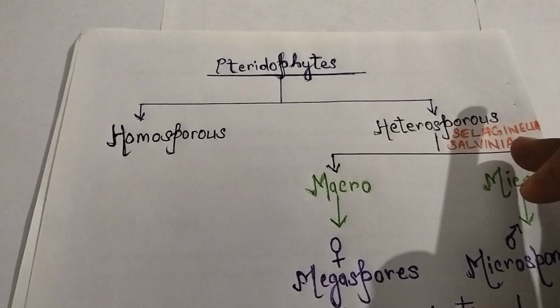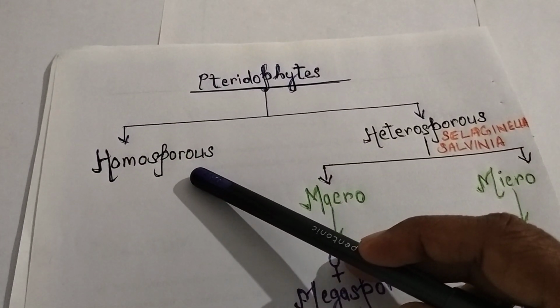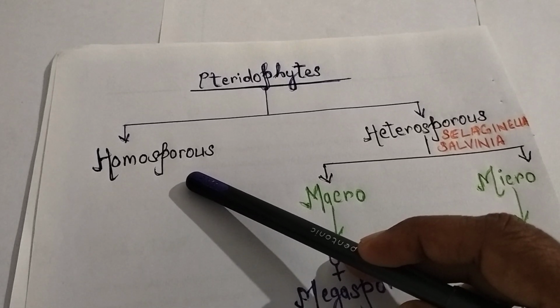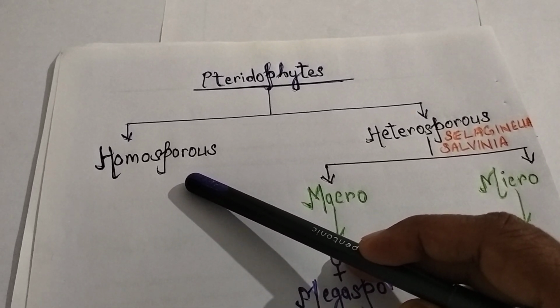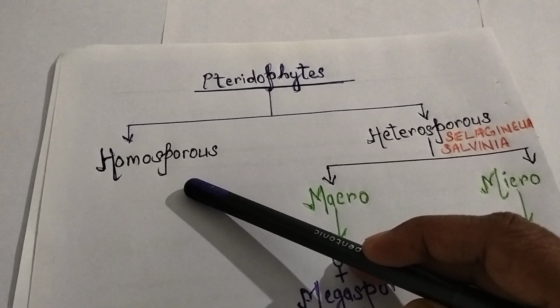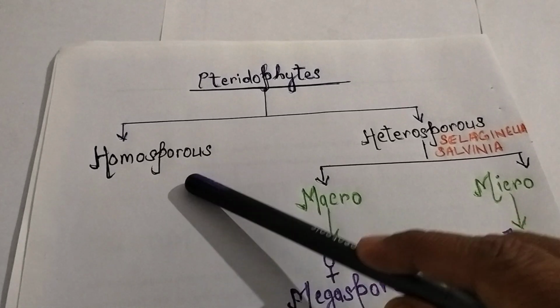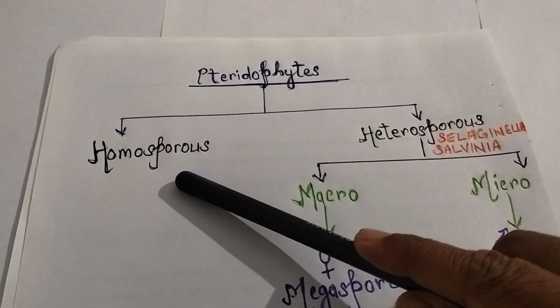In some cases all the spores produced are of the same kind. In the majority of the pteridophytes, all the spores produced are of the same type.